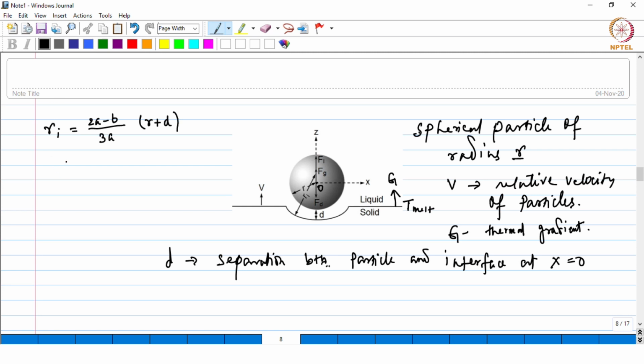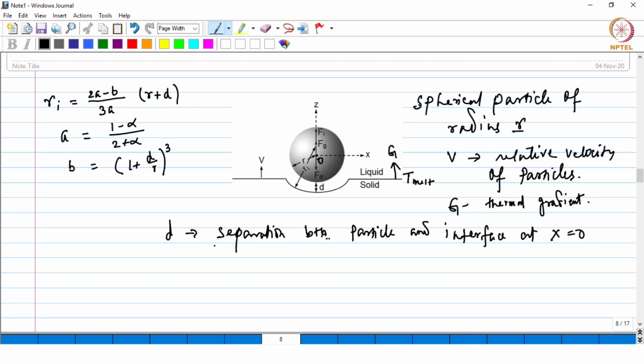Where A is a function of the thermal conductivity ratio alpha, and given as follows, and B is equal to (1 plus d by R) whole cube.